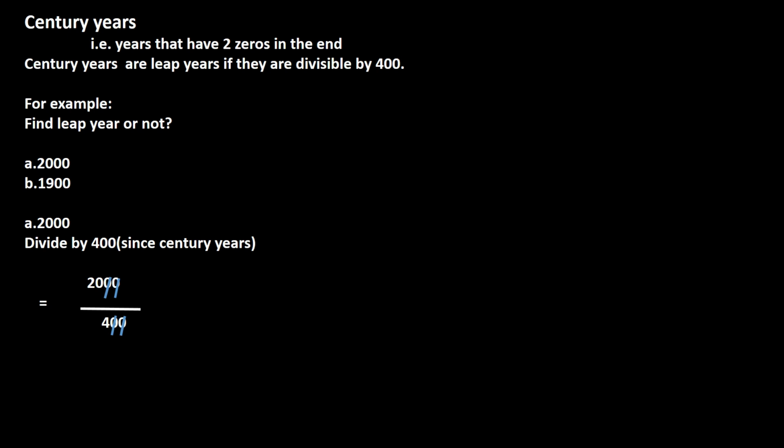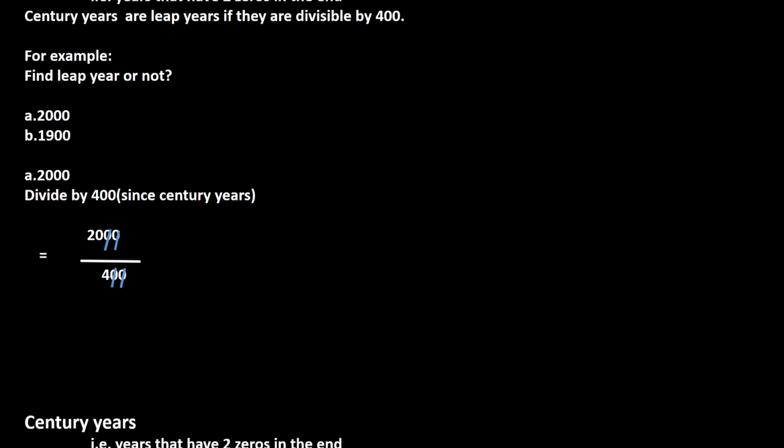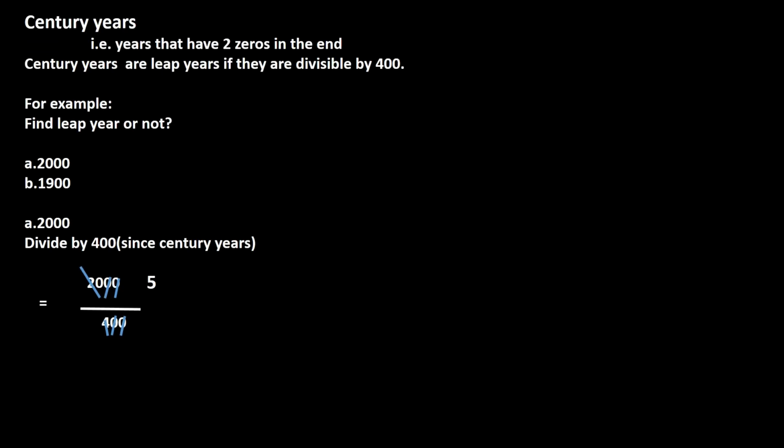So by dividing 20 by 4, 5 is the answer. So we get a whole number as an answer. There is no decimal point. So this is divisible by 400. So if a year is divisible by 400, it is a leap year. So thus 2000 was a leap year.